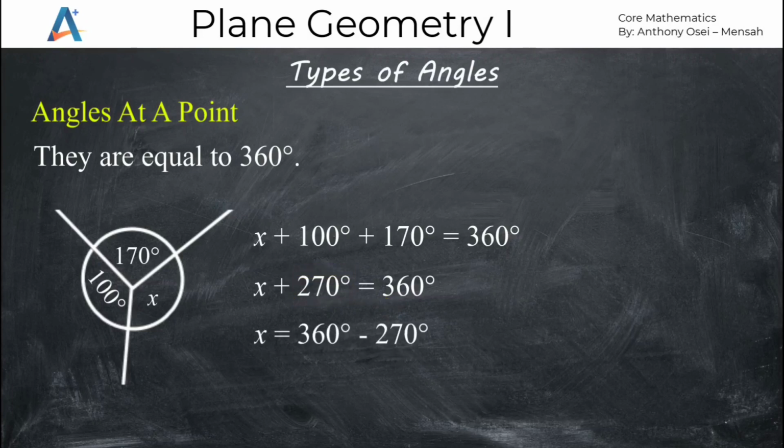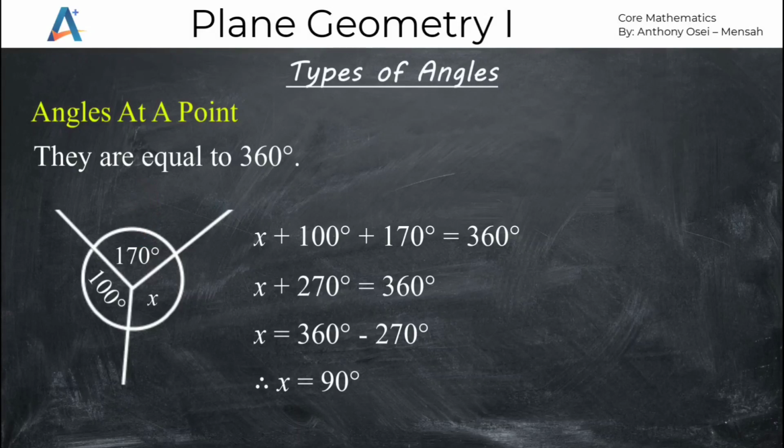So X is equal to 360 degrees minus 270 degrees. When I take 270 from 360, I get 90 degrees. Therefore, X is equal to 90 degrees. So the value of X is 90, because when I add 90 to 100, I get 190. Then I add it to 170, I should get 360 degrees.